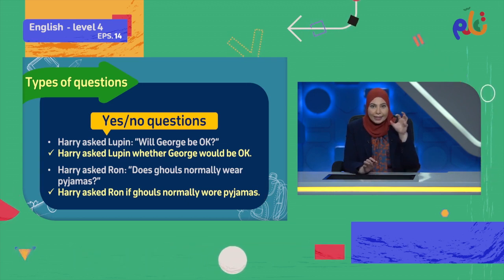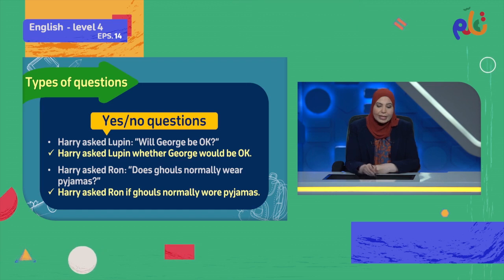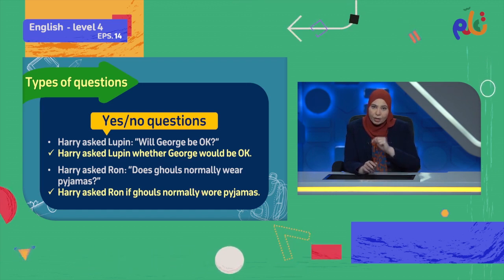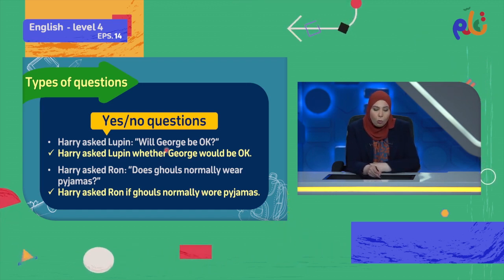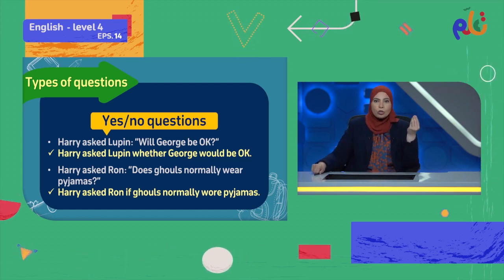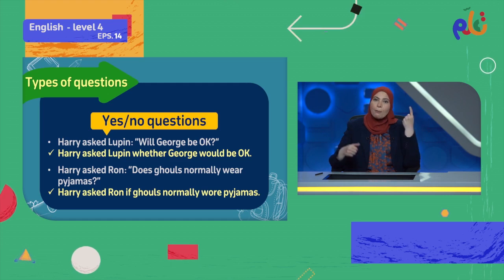So again, the same changes that happened in the first example happened in the second example, but instead of using whether, we used if. So I can join both parts by either if or whether. Both options are fine, no problem. So this is what happens when we report a question, basically a yes/no question.